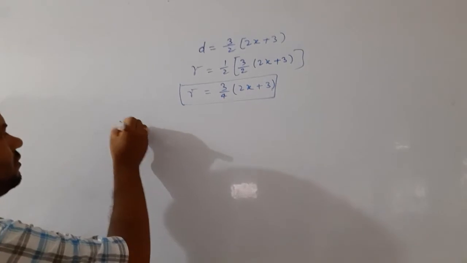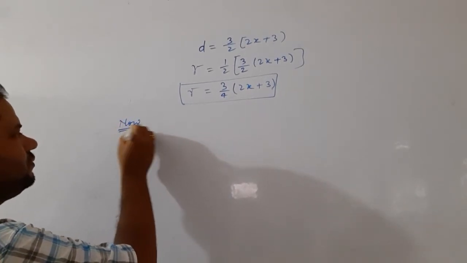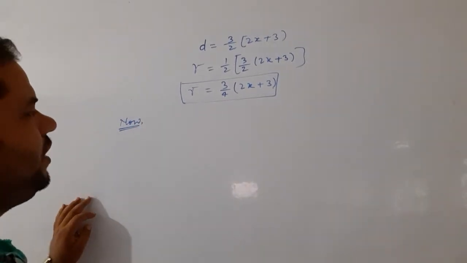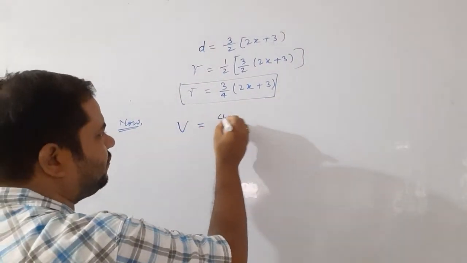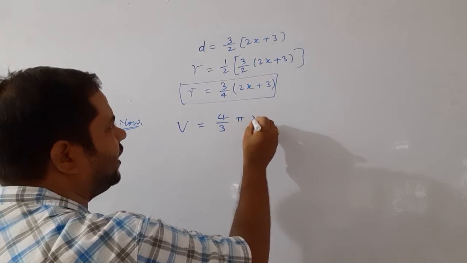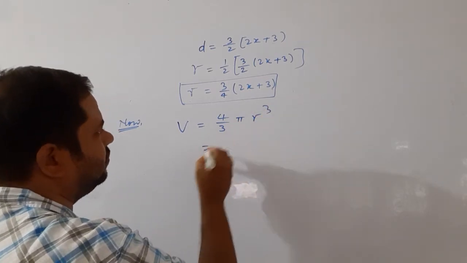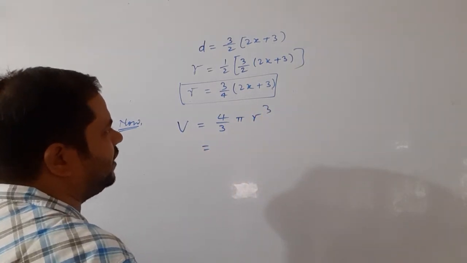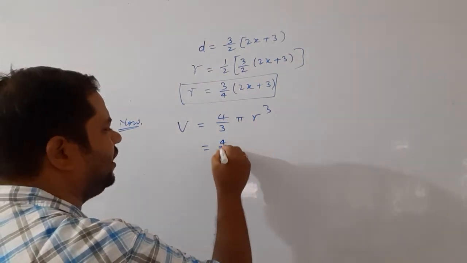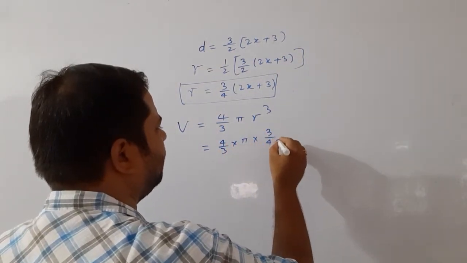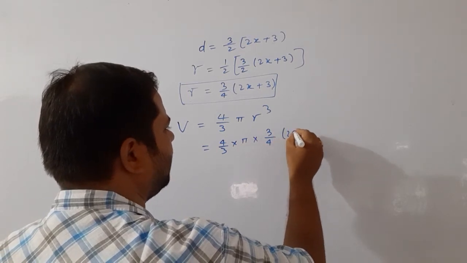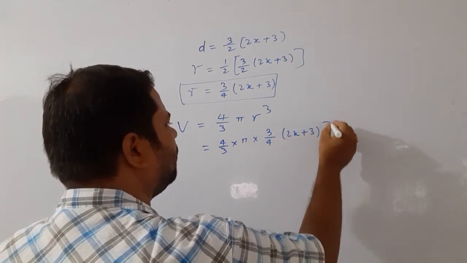Now we know volume of sphere is nothing but 4 by 3 pi r cube. So 4 by 3 into pi into 3 by 4 (2x plus 3) whole cube.